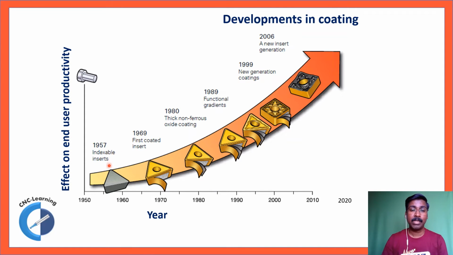The indexable insert came into existence in 1957. Then the first coated insert, then thick non-ferrous oxide coating, then functional gradients, and new generation coatings. You can see there are multiple layers of coating. With this, productivity has increased drastically.